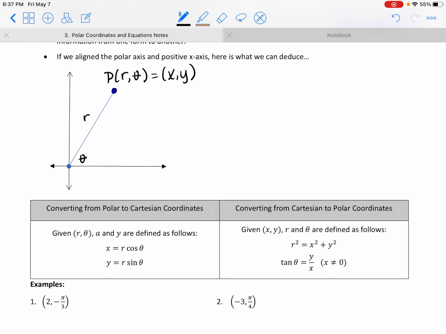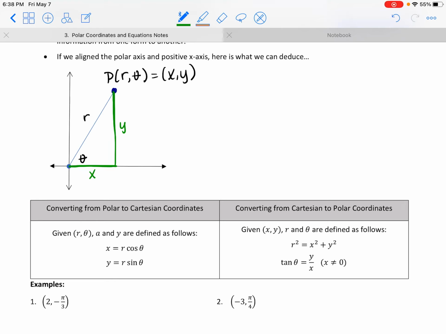Now the rectangular coordinate has some distance that it's traveled up along the y-axis, and it has some distance that it's traveled over along the x-axis. So that x value and y value come from those two distances. Okay, so we have some radius length created from the origin to the point. We have an angle created from the radius to the positive x-axis or the polar axis. And then we've gone out or over a certain distance and up a certain distance to create that rectangular point. Okay, so that's merging the two.